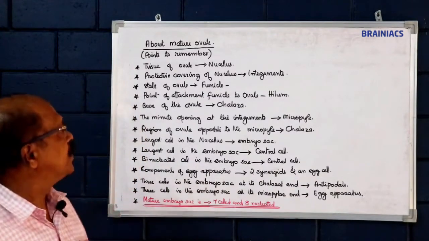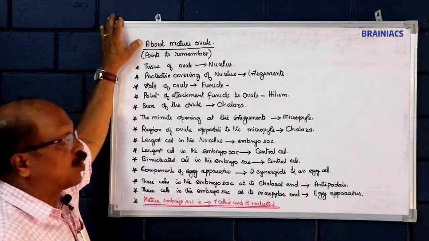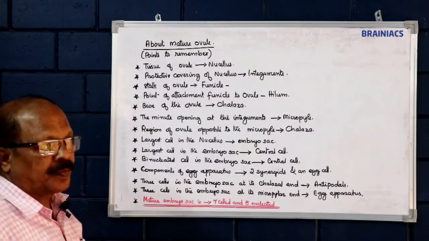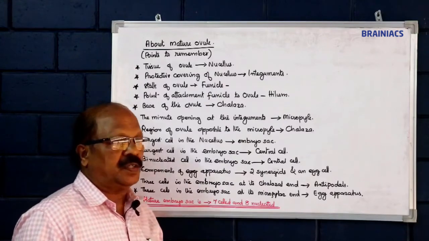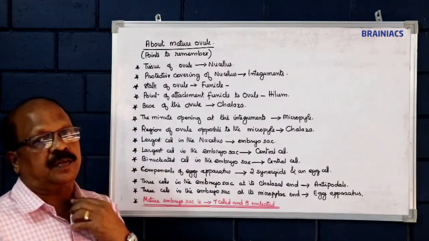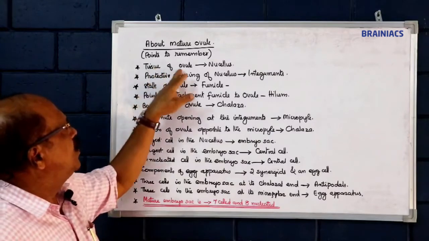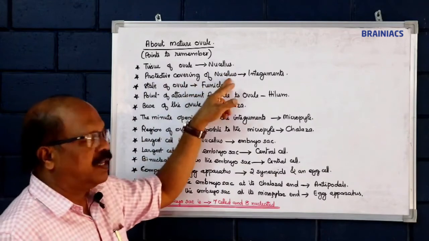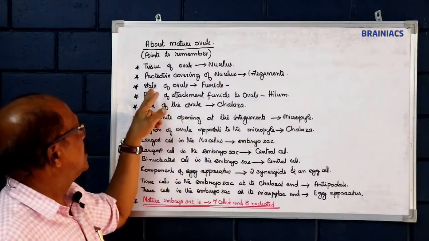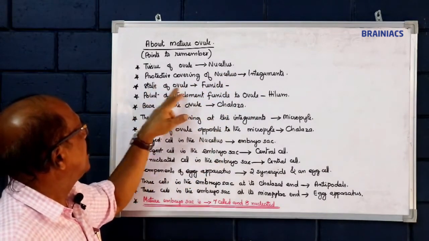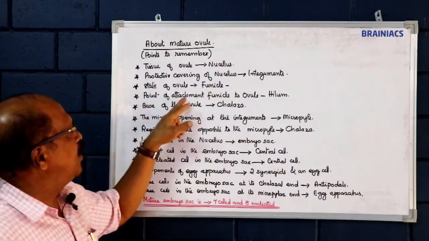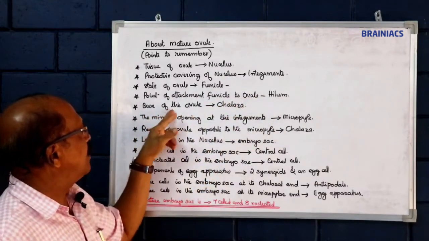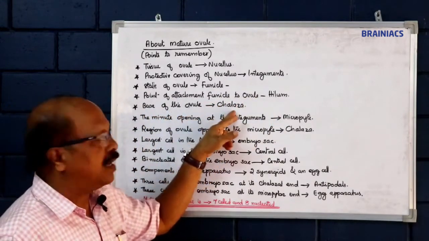See, listen please. About the mature ovule, once again please. These are all entrance questions. Moreover, in theory, it is for 1 mark questions. Tissue of the ovule, nucellus. Protective covering of the nucellus, integuments. Stalk of ovule, funicle. Point of attachment of funicle to the ovule, hilum. Base of the ovule, chalaza.